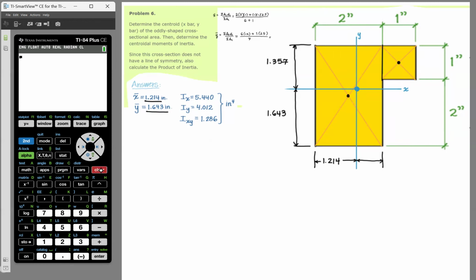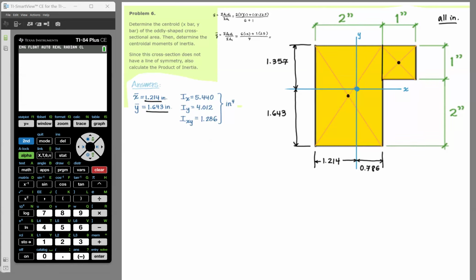And at the bottom, I want to say 2 minus 1.214, and I'll get 0.786. Of course, these are all inches. Okay, that is where we are at to start off this party.